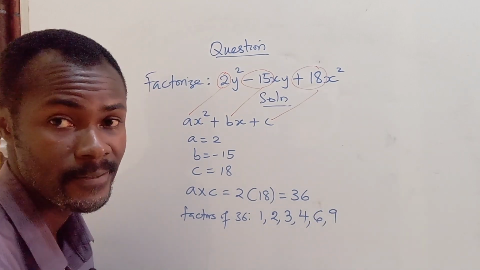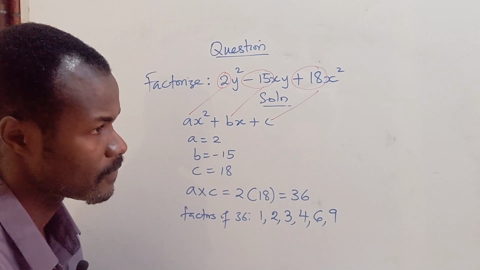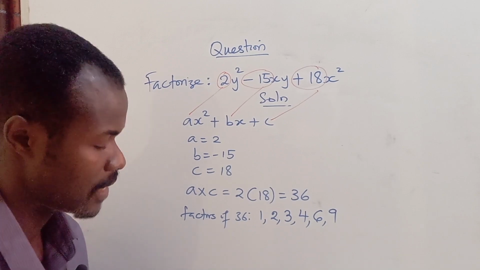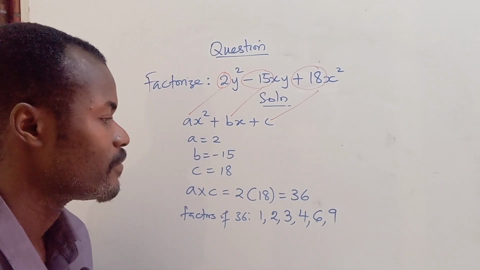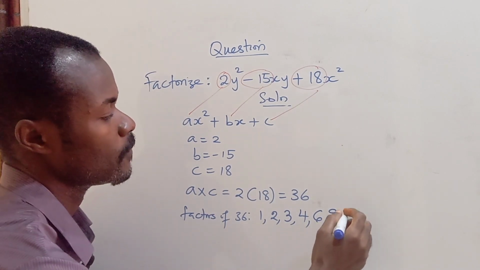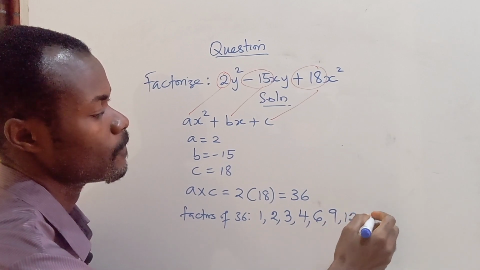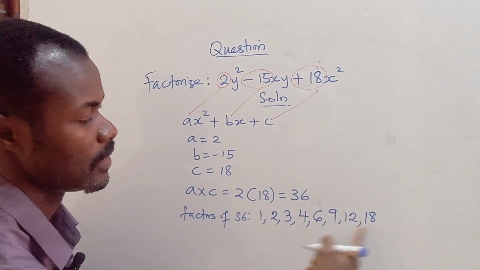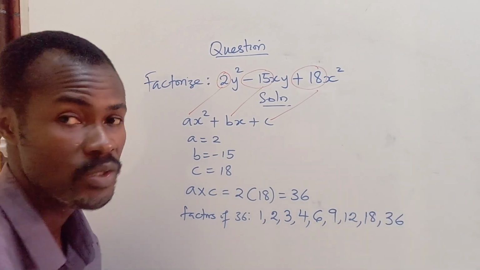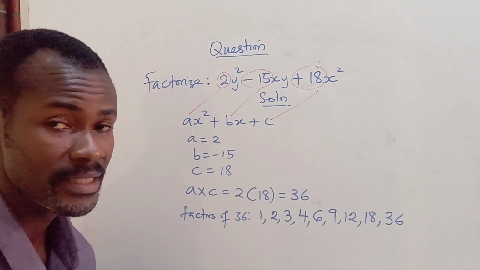So we have 9. 10 cannot go. 11 cannot go. So we have 12. We also have 18, since 18 times 2 is 36, and we have 36. So these are all the factors of 36.